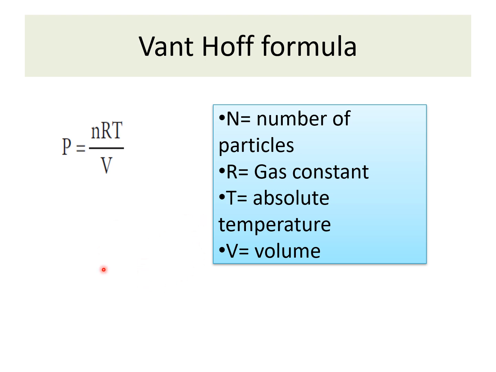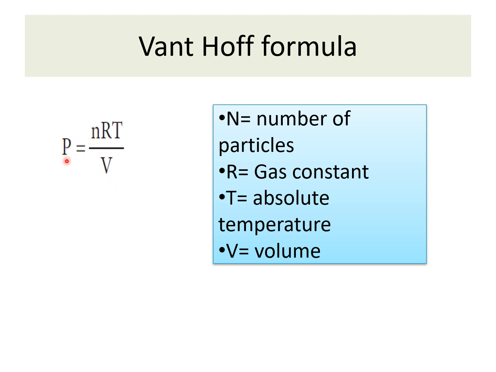In an ideal solution, osmotic pressure P is equal to nRT divided by V, where P is the osmotic pressure, n is the number of particles, R is the gas constant, T is the absolute temperature, and V is the volume. Now if T is held constant, it is clear that the osmotic pressure is proportional to n by V, that is the concentration.